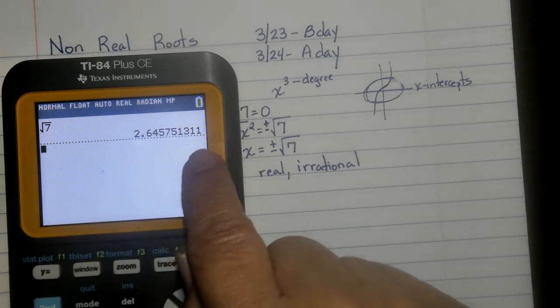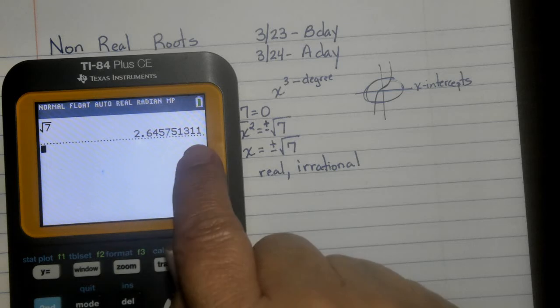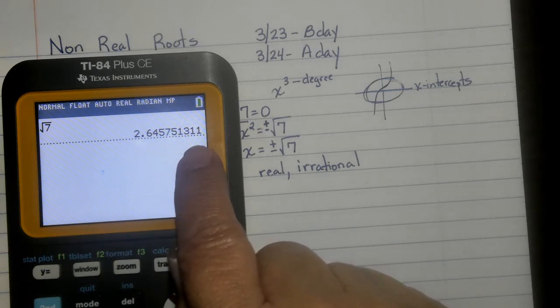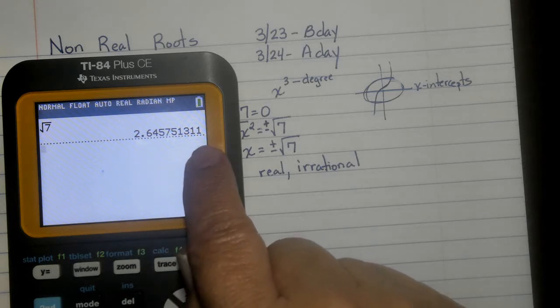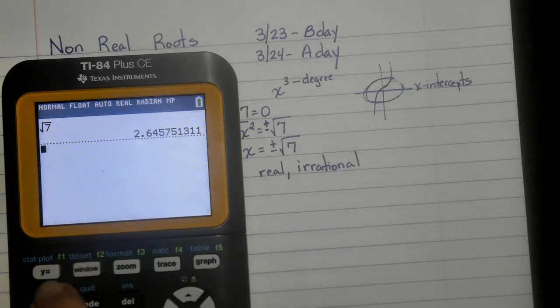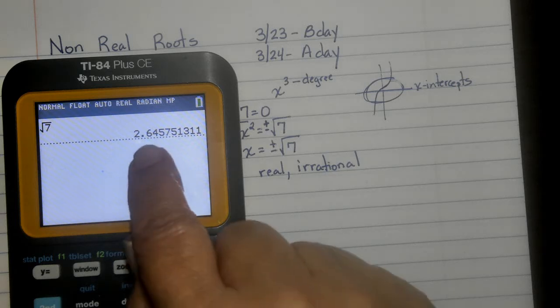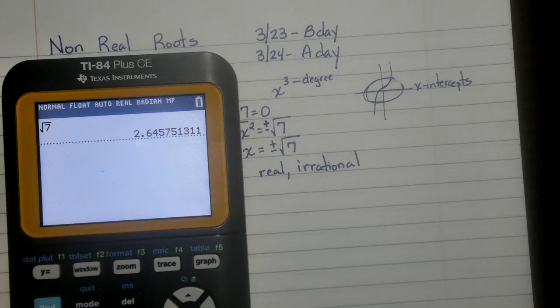This is just as many places as the calculator goes to. This is actually a non-terminating decimal. It never stops. There's also no repeating pattern to it. So that is what makes the square root of 7 an irrational number. It cannot be written as a ratio. We cannot take this decimal and turn it into a fraction because it never stops, so we don't even know where to stop writing it.